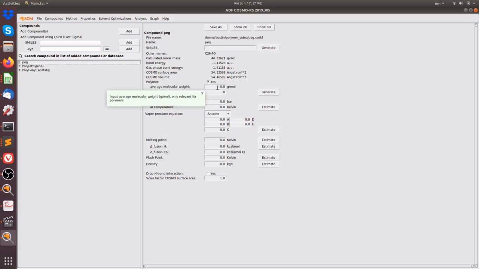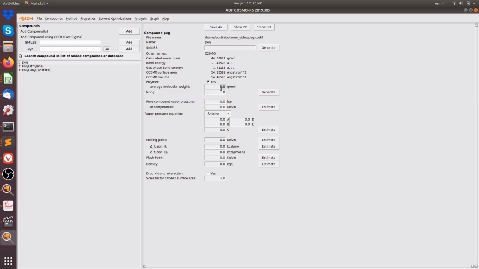Also, a very important attribute of polymers is the average molecular weight. If you just leave this set to 0, I think it defaults to something like 10,000. So let's just go ahead and set it as 10,000. As I mentioned, density is also very important for these calculations, and it's actually required to calculate the molar volumes, and therefore to calculate the combinatorial term correctly.